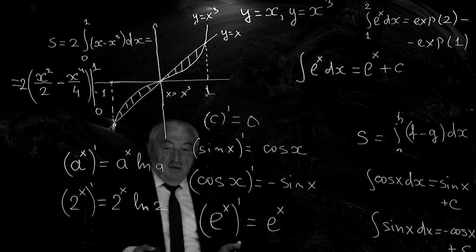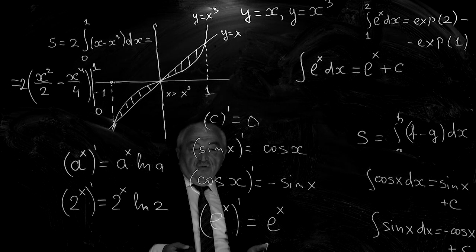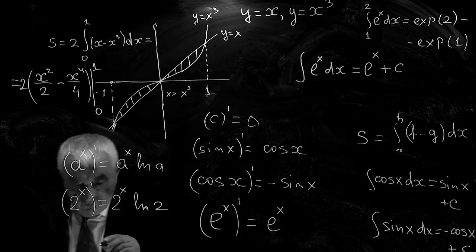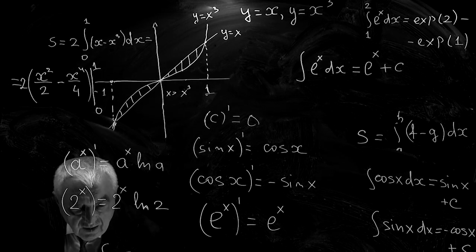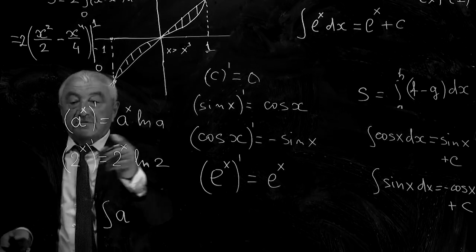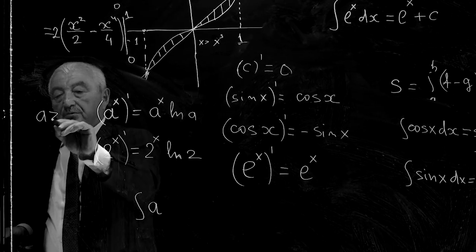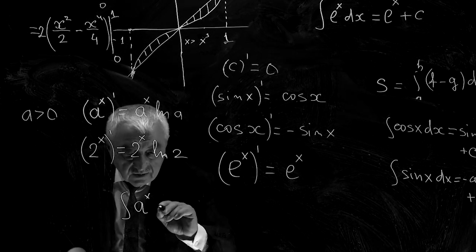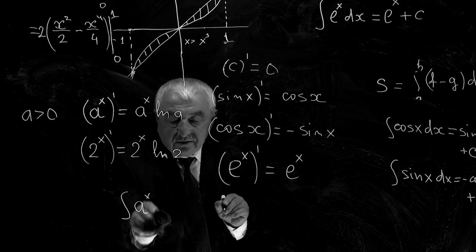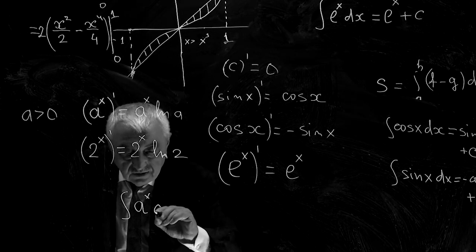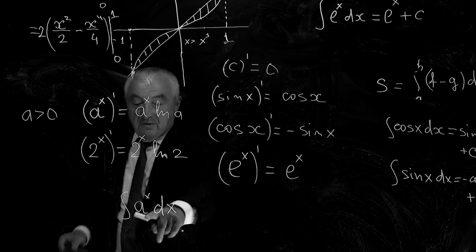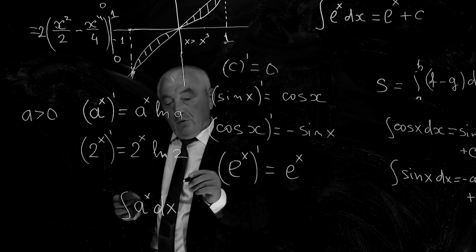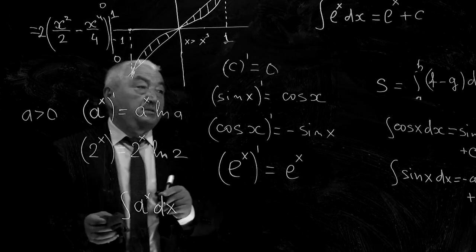Why is it possible to calculate this? What is the integral of a to the power x dx, where a is a positive number? It is interesting to note that the notation of the integral sign, dx, etc., belongs to Leibniz.